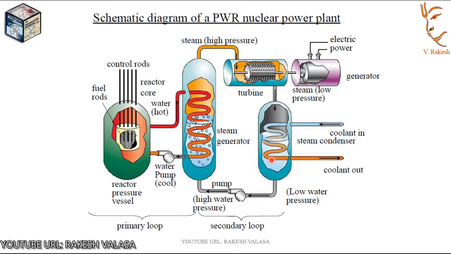The water is then pumped back into the steam generator for reuse. The temperatures and pressures mentioned already may vary, depending upon the design of the PWR nuclear reactor.